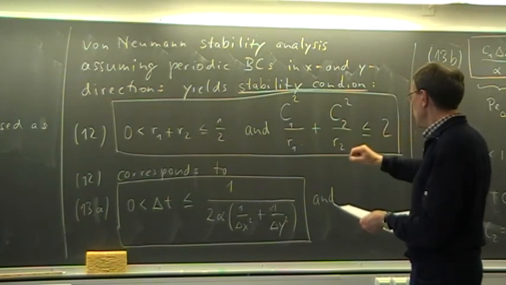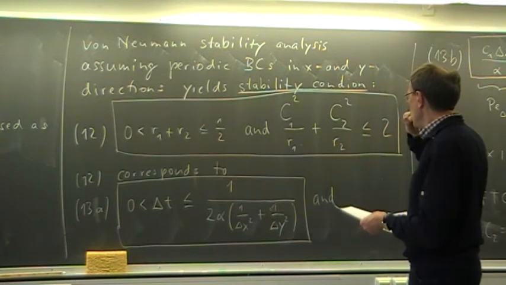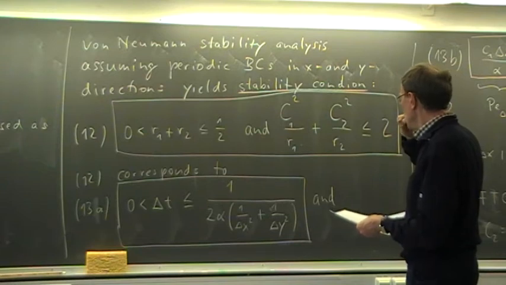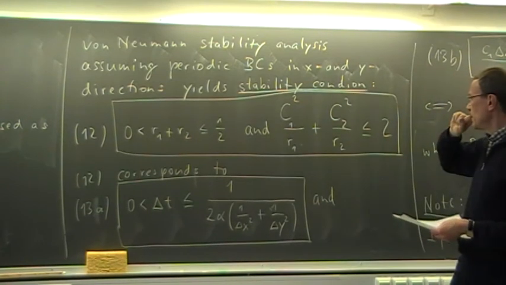If we multiply that by R1 plus R2, we can multiply this by the sum of R1 and R2.